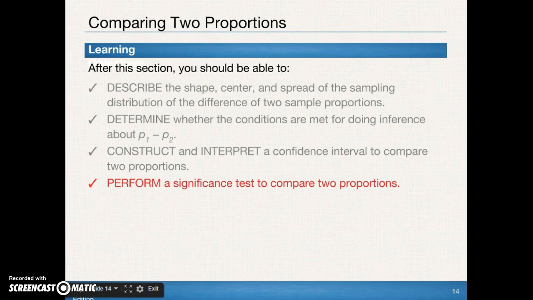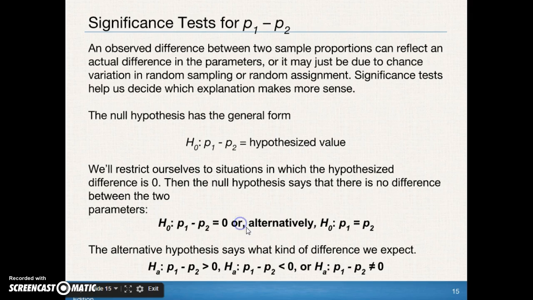The last part of this video is to perform significance tests to compare. And again, they're going to be asking you, do you have convincing evidence for a difference? So again, what we're doing is we're just looking for, is there a difference?